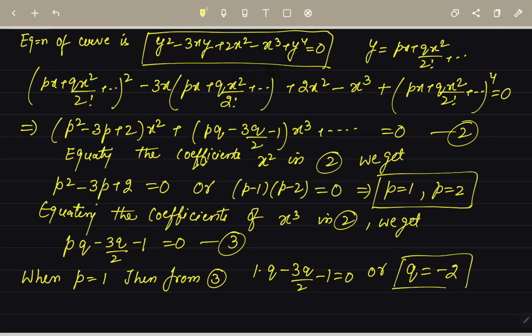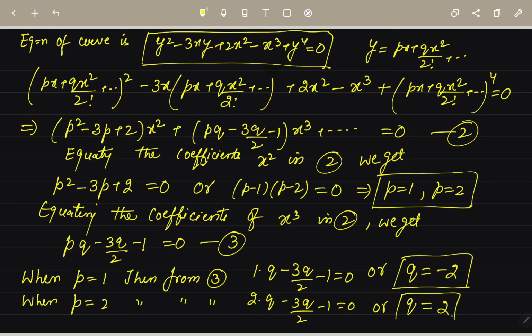Similarly, when p is equal to 2, then from equation third we have 2 into q minus 3q by 2 minus 1 equal to 0. After taking the LCM and solving this, I get q is equal to 2. So these are the two pairs of values: p is equal to 1 with q equal to minus 2, and p is equal to 2 with q equal to 2.